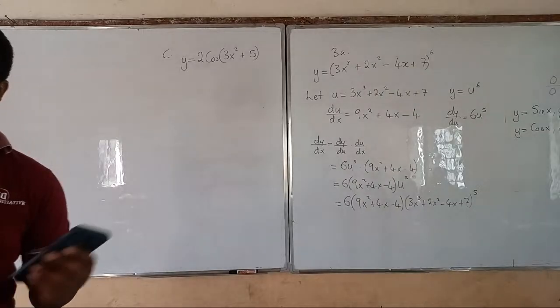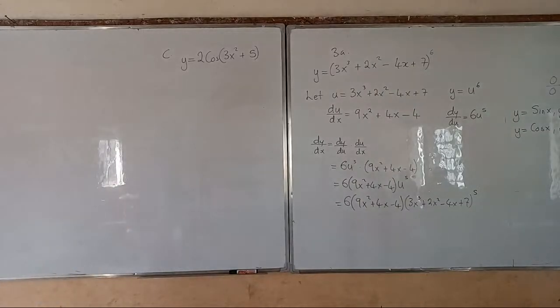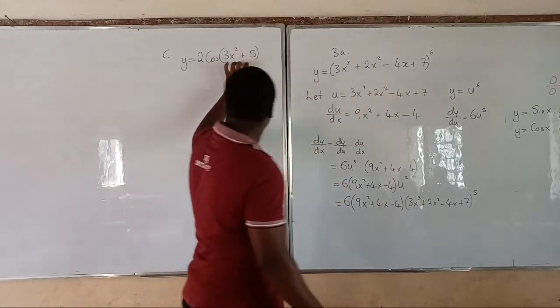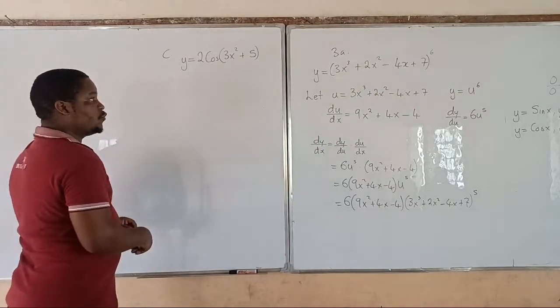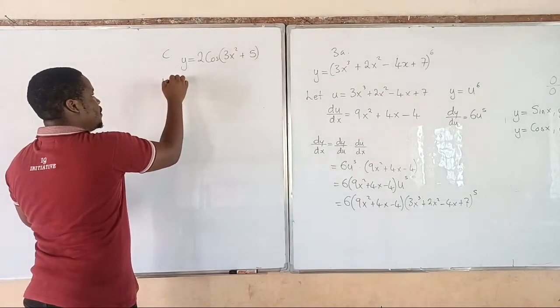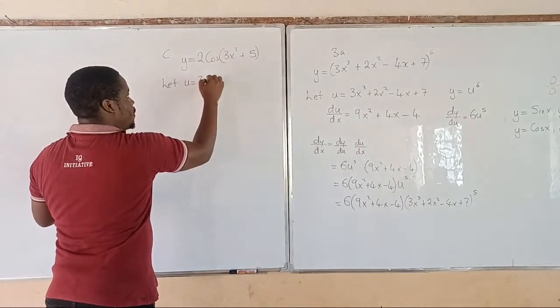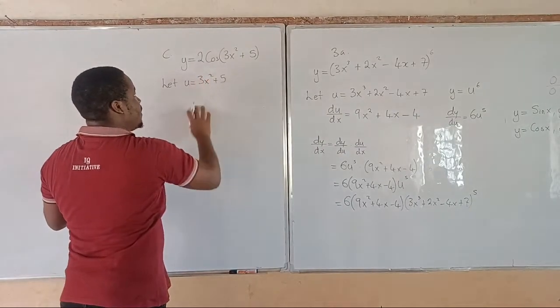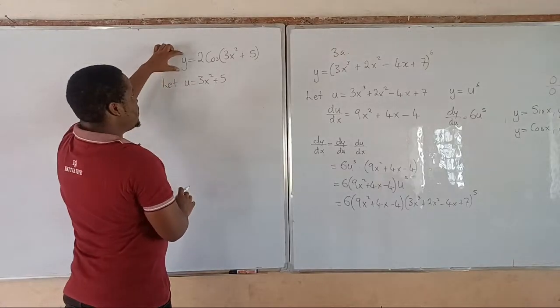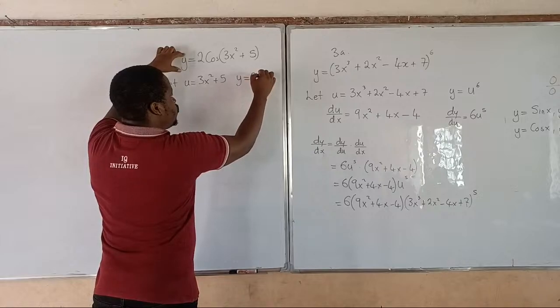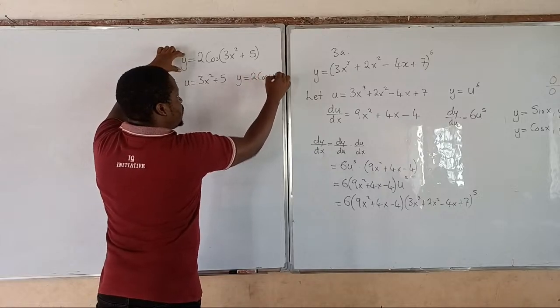How do we differentiate this? We use the same chain rule. Remember, for this one we had a bracket, we said everything inside the bracket is u. Same thing. Whatever is inside the bracket is u. So you say, let u be equal to everything inside the bracket, which is 3x^2 + 5. Then y will now be equal to 2cos u.